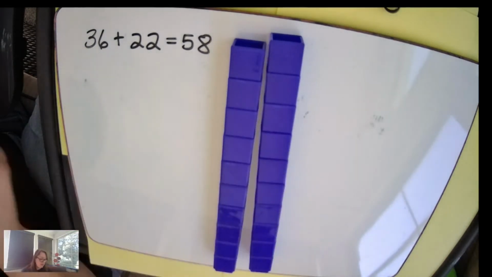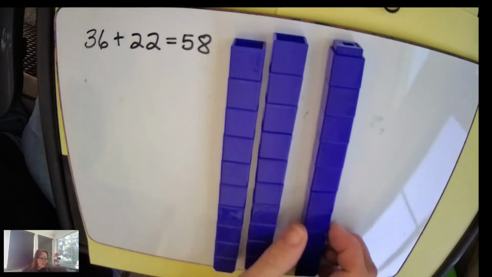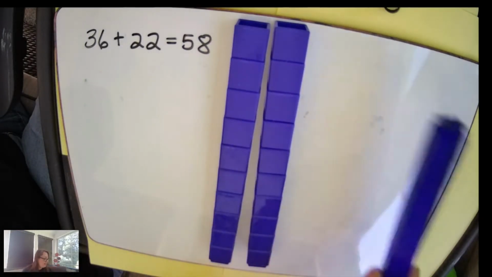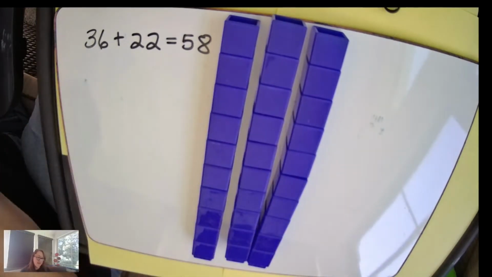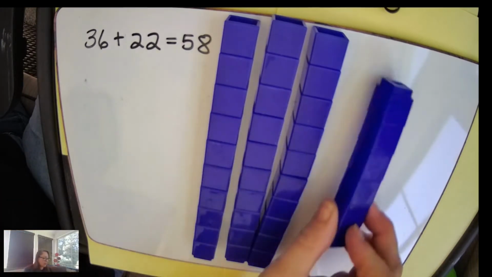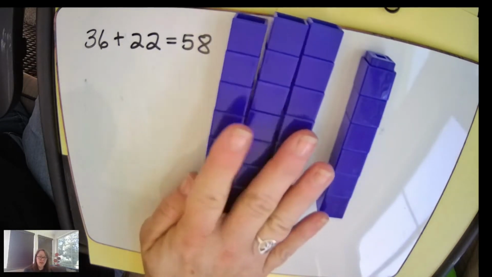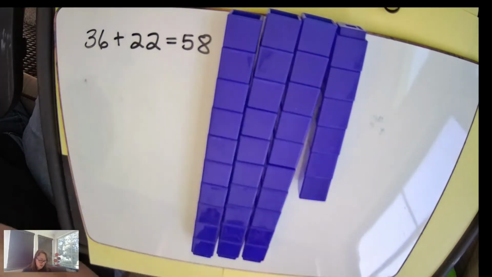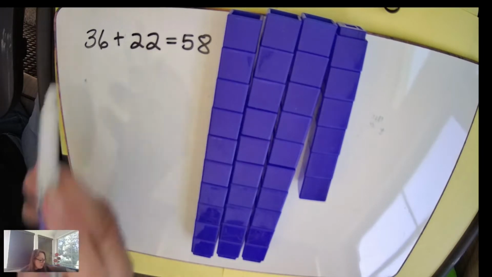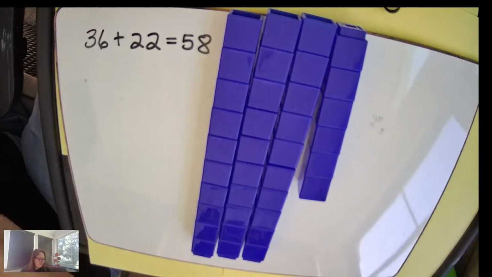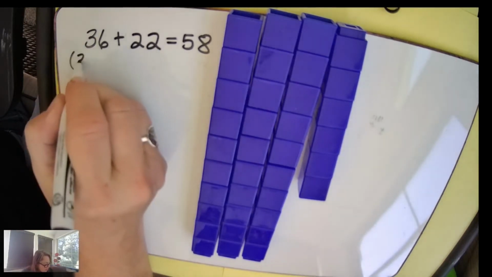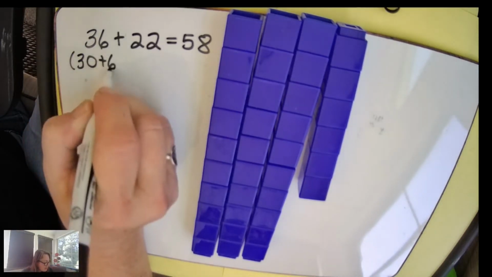So 1, 2, 3 tens, 10, 20, 30, and 6 ones. Okay. So the 36 is 30 plus 6.